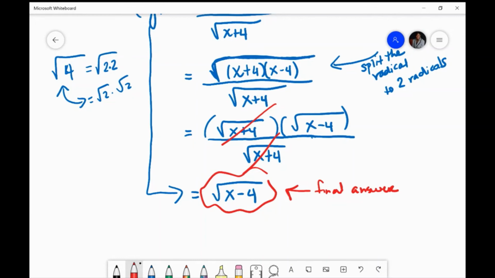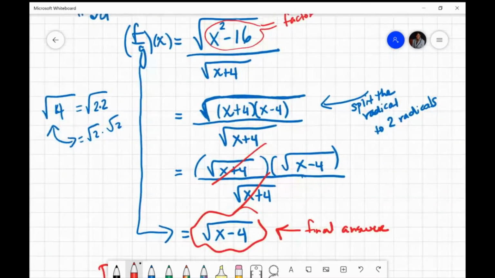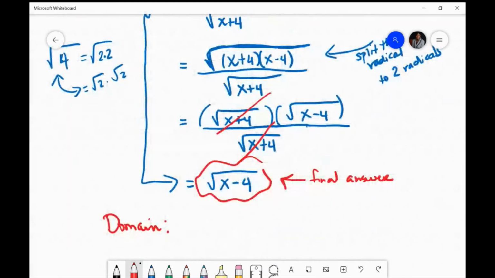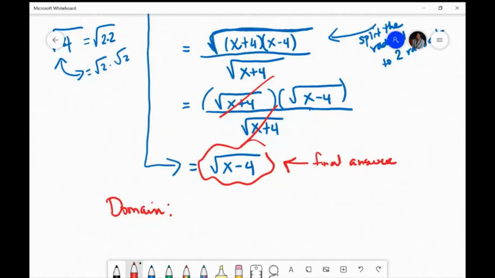Now, what do you have for the domain? Would it be all real numbers except -4? But in the interval notation, it will be negative infinity to -4. Well, when you have a square root, let me write this down.